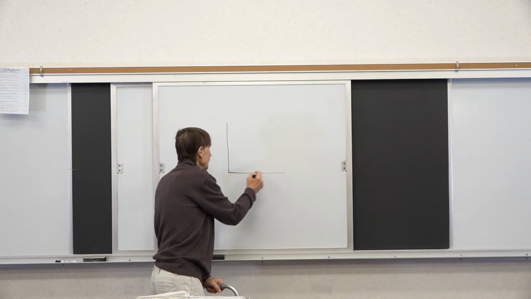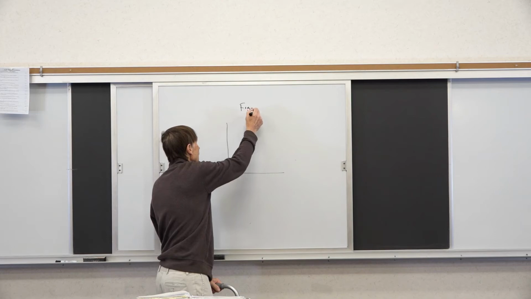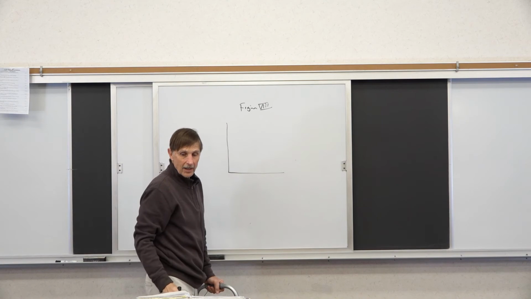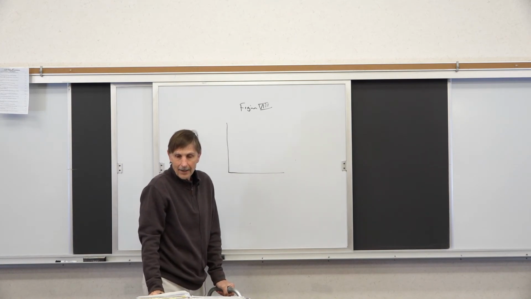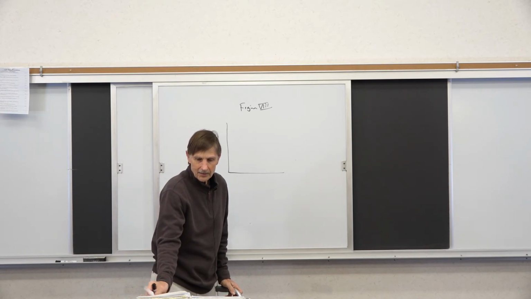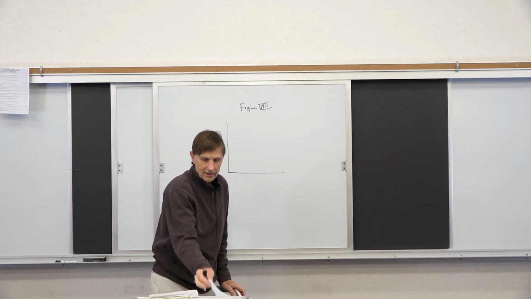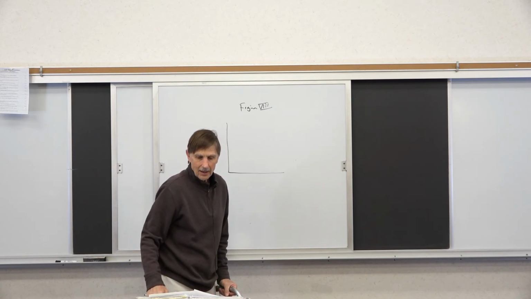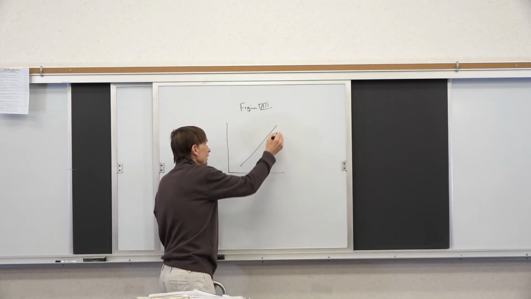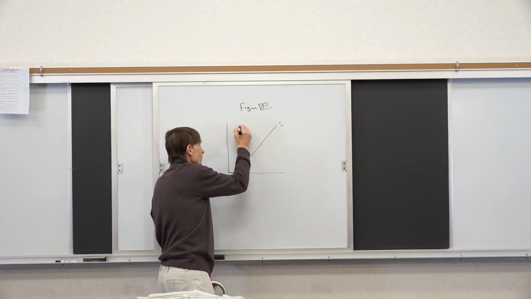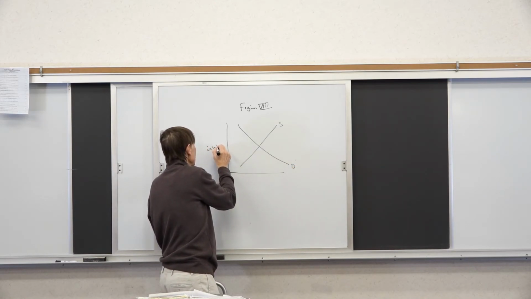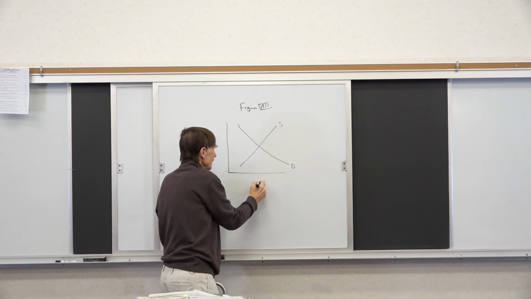So again, if you look at Figure 8, this is just an alternative way of thinking about things. I could have a supply of loanable funds that looks like this, and a demand for loanable funds that looks like that. And again, this is the interest rate. Okay, and this is in dollars here.